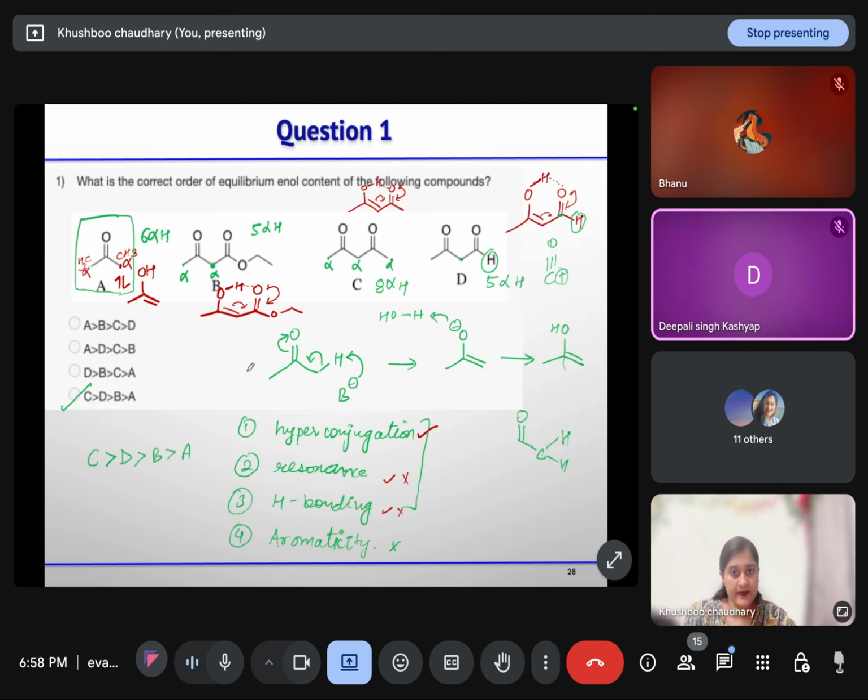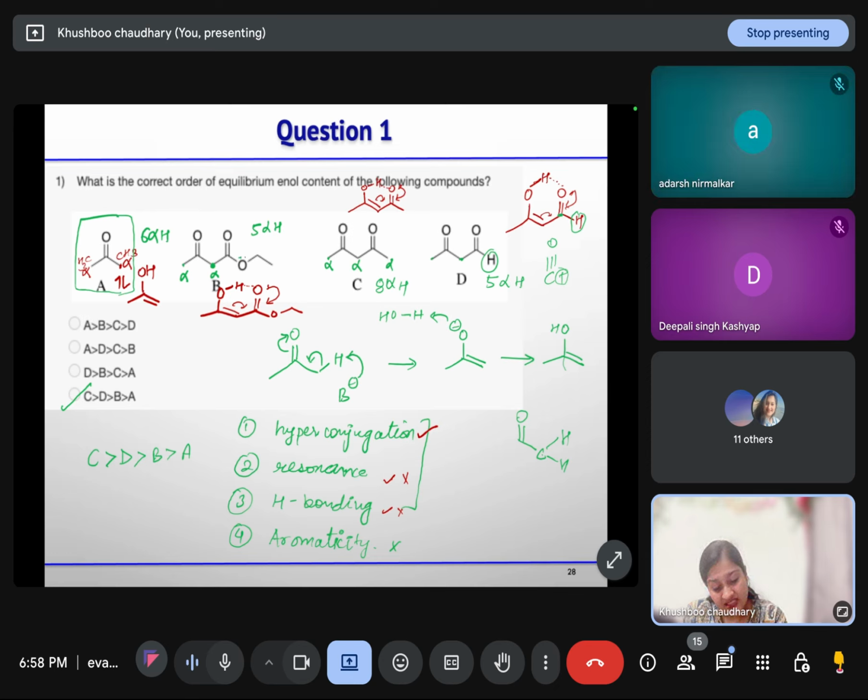Ma'am, just by seeing the hyperconjugation number, we did not decide for B to be at second place. So what reason did you give? Can you please give that once again? See, if we are comparing B and D, both of them have 5 alpha hydrogens, right? So hyperconjugation is not the deciding factor here. Then resonance is there in both cases. But this ester is using its electron for the other conjugation also, right?